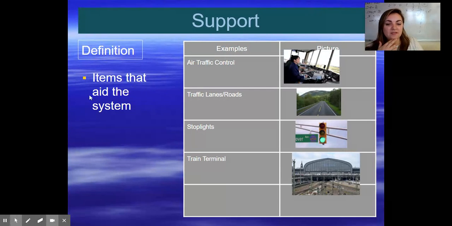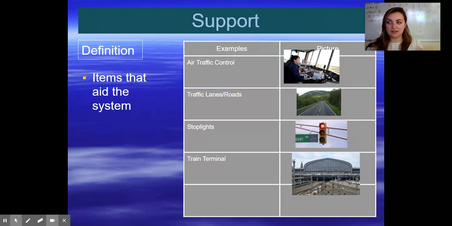And so the items that aid the system would be like air traffic control. So you need air traffic control to get the plane from one place to another safely. Traffic lanes and roads, traffic laws, anything that keeps us on course, that helps to aid the system. If we didn't have traffic laws, we didn't have roads that were marked, there would probably be a lot of accidents.